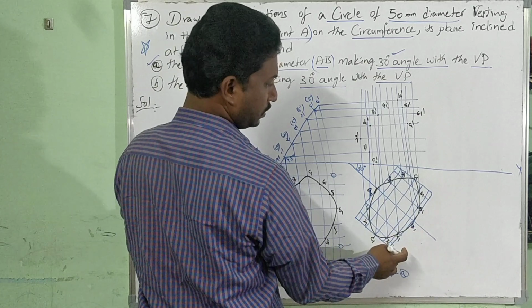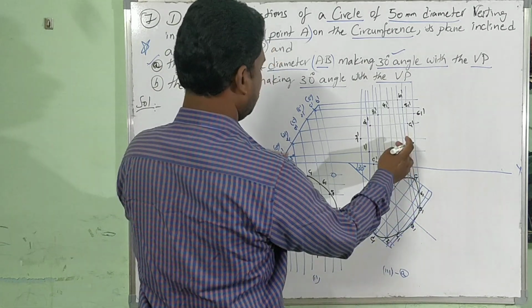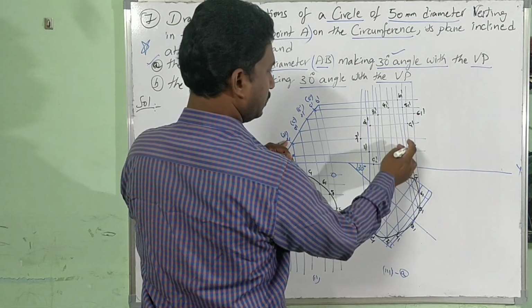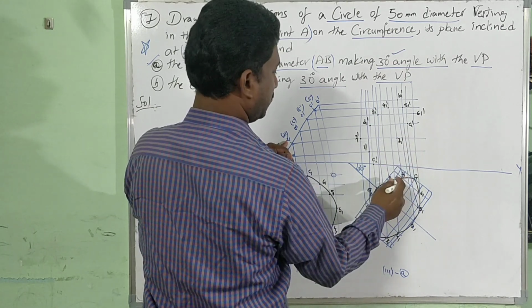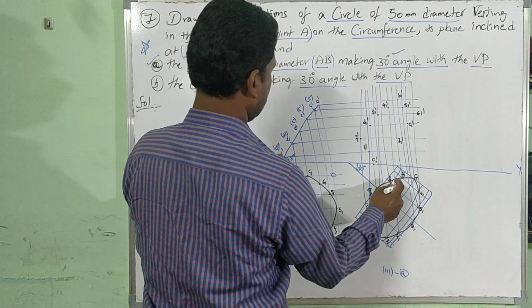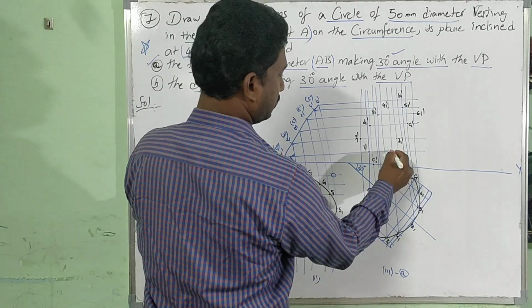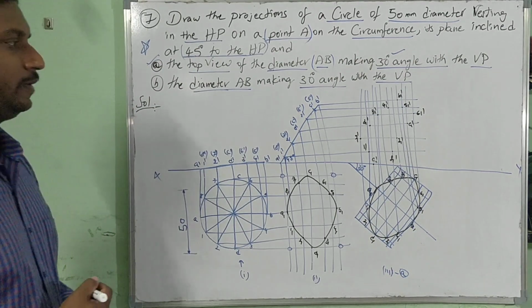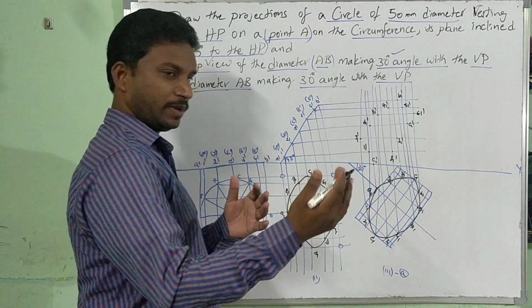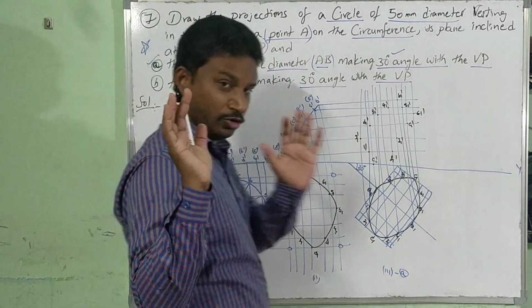How about 7 and 8? 7 1 dash, 8. Picking the points, it may come in front, and you follow the procedure.